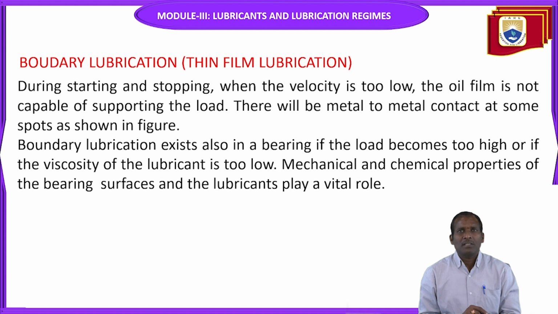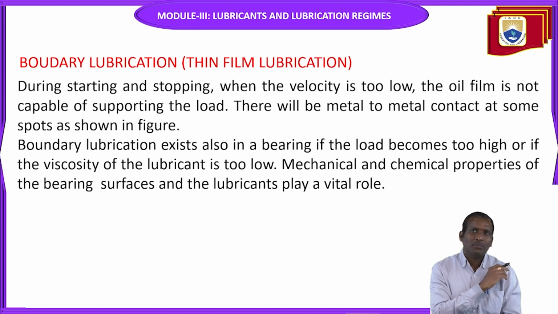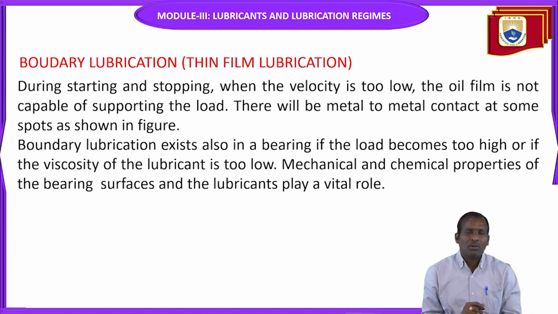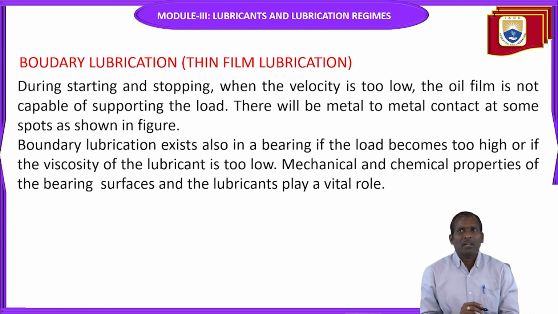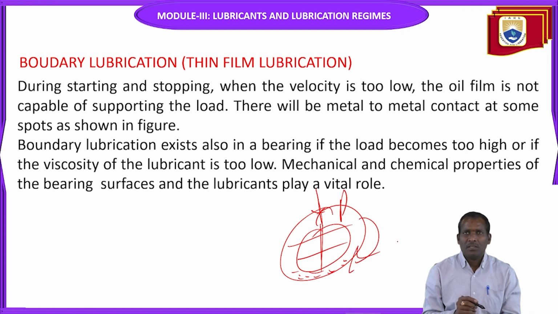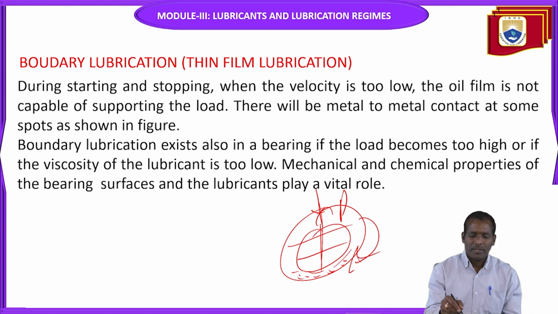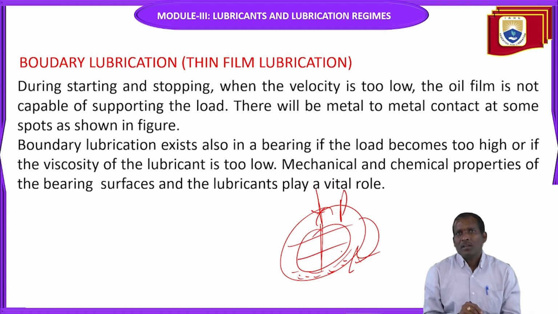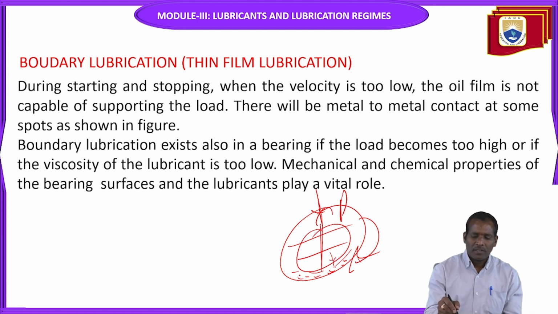Next is boundary lubrication, also called thin film lubrication. During starting and stopping, when the velocity is too low, the oil film is not capable of supporting the load, so there will be metal to metal contact at some spots as shown in the figure. In the bearing, there is no sufficient velocity to float the journal inside the bearing, so there is a chance of metal to metal contact.